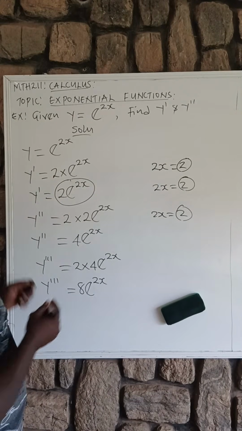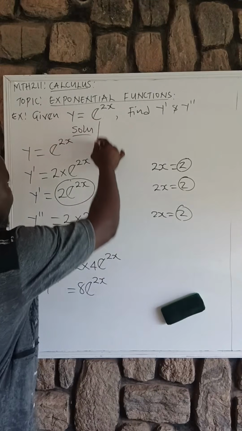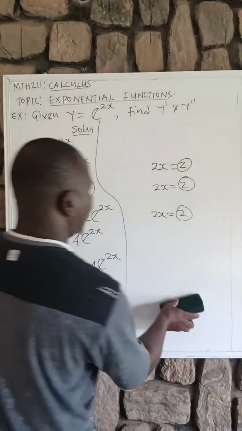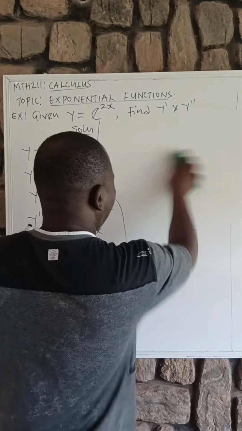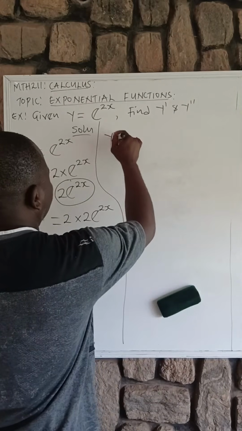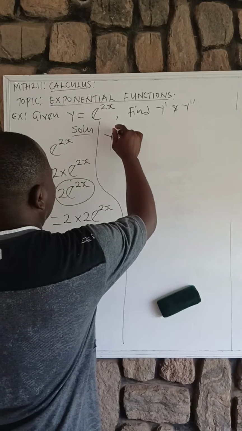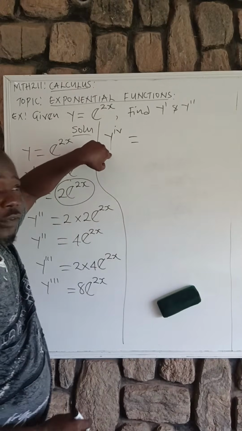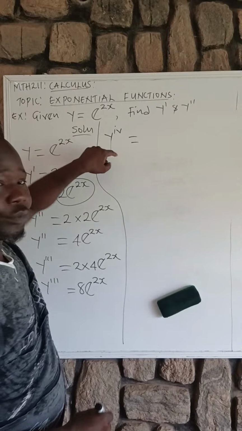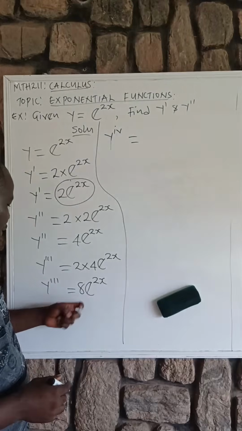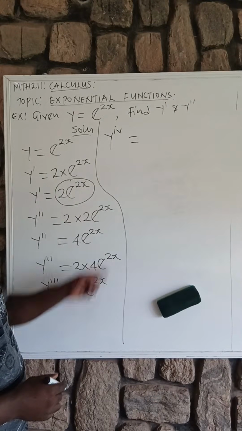So those that did not get it, please, I want you guys to find y IV. Find y IV. I give you 2 minutes. Use this y prime prime prime to obtain y IV.